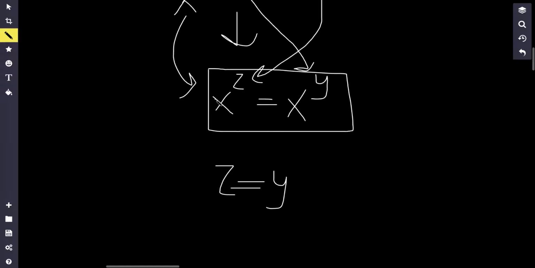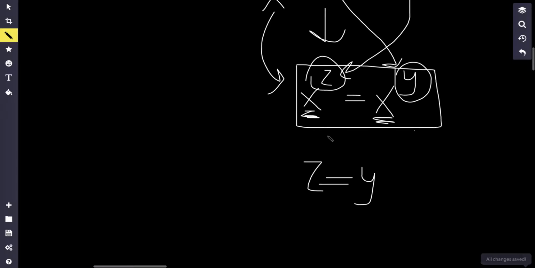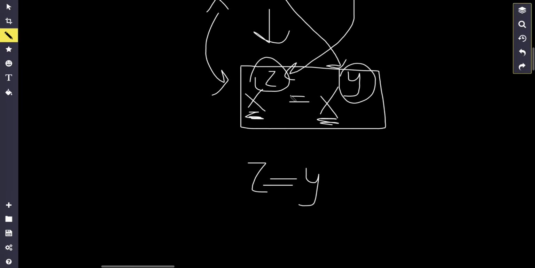If both the bases of our exponents are the same and these two things are equal to each other, well, the exponents have to be the same as well. It's like if you have, let's say, 3 to the first power is equal to 3 to the z power, you know that z is equal to 1. So from this equation, I can see that z has to equal y in order for this equation to be true.